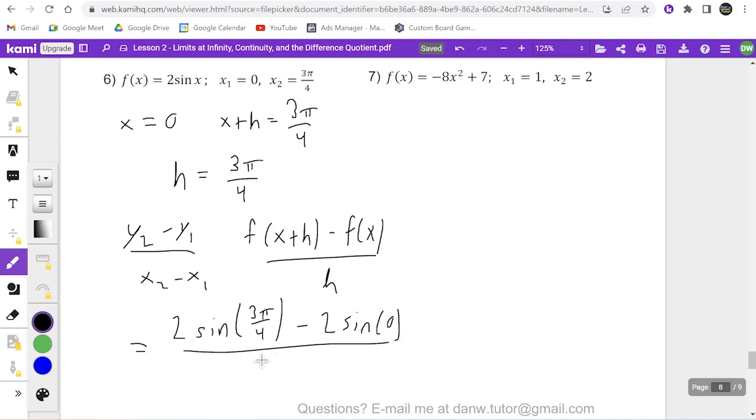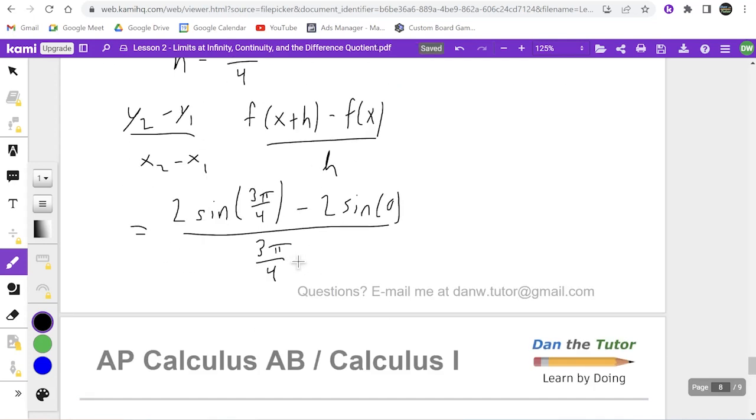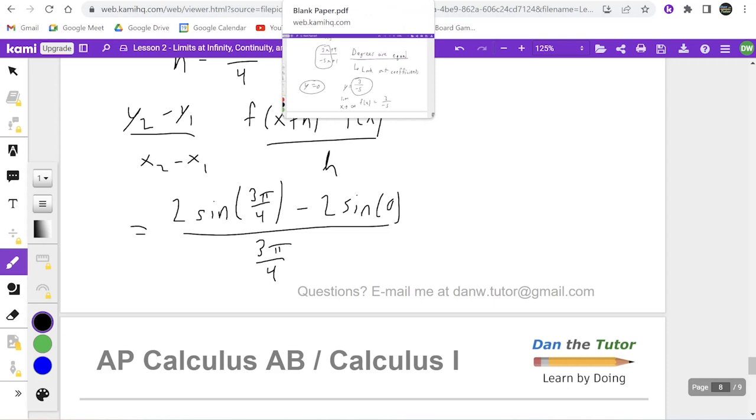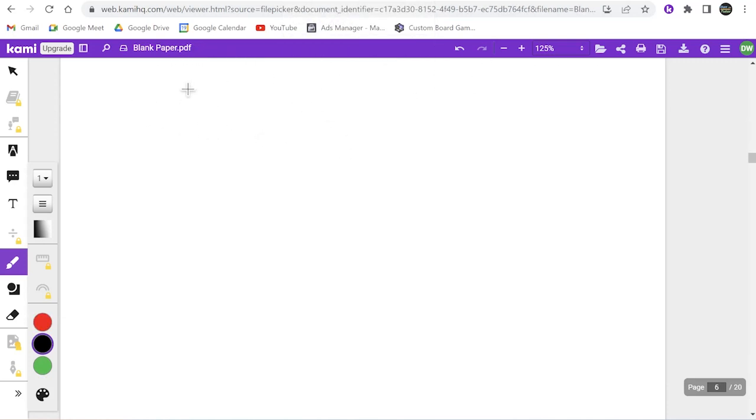And then divided by h, which is 3 pi over 4. Okay, now can someone tell me what the sine of 3 pi over 4 is? I'll give you a hint. It's in quadrant 2. Is it root 2 over 2? It is root 2 over 2 and positive because sine is positive there. Very good. So that means 2 times root 2 over 2.